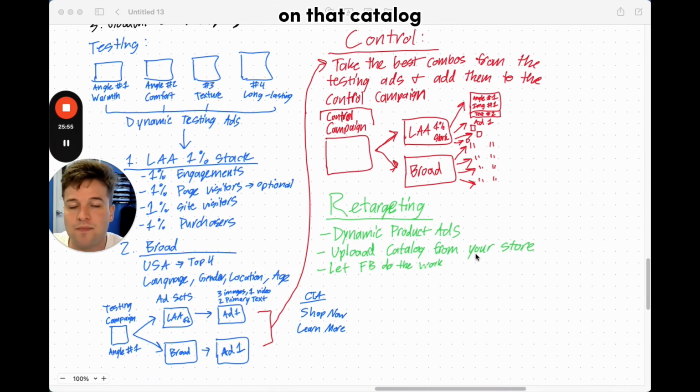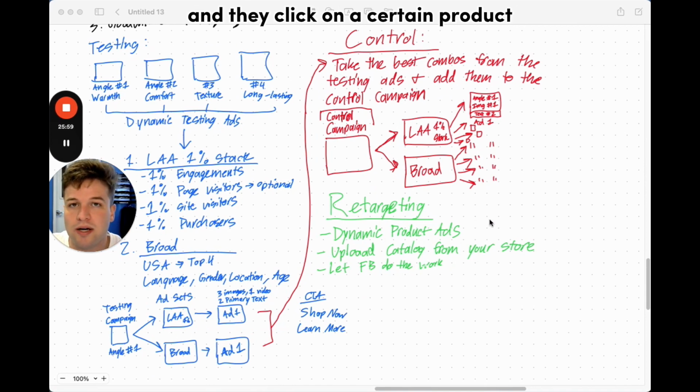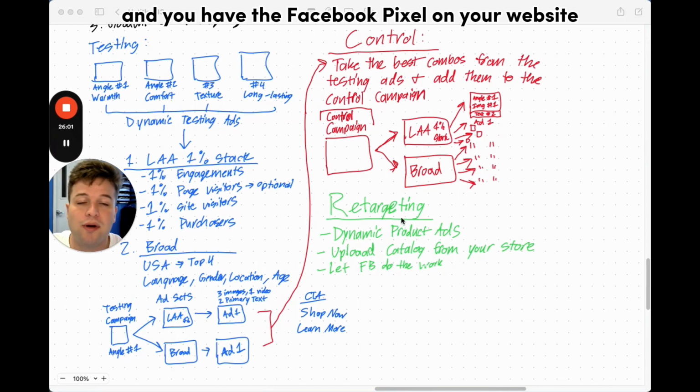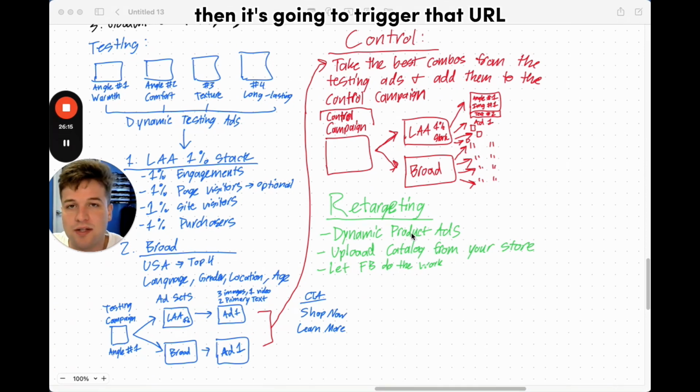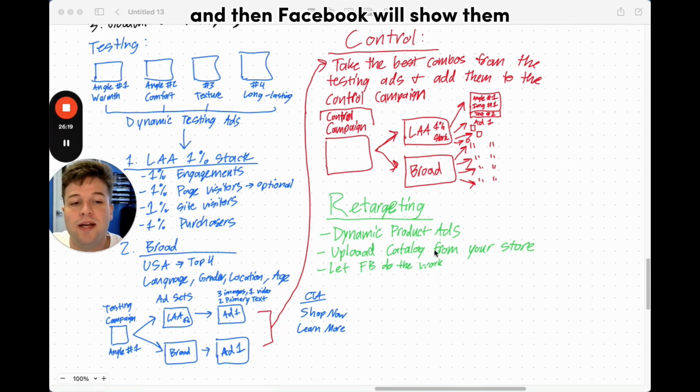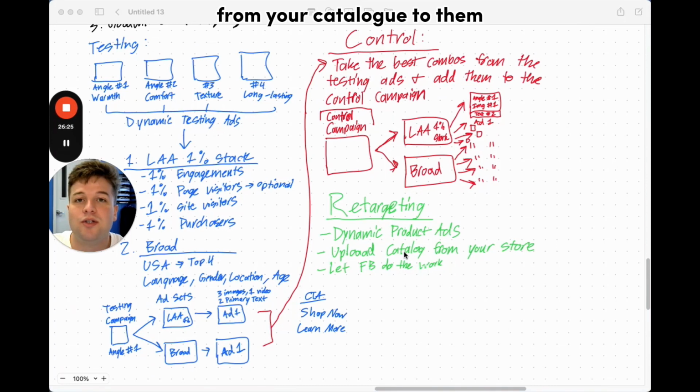And so when somebody goes to your site and they click on a certain product, and that URL is triggered, and you have the Facebook pixel on your website, which I'm assuming you do if you're watching this and you're running ads right now, then it's going to trigger that URL, and then Facebook will show them the exact product from your catalog using that same URL and just matching it, using the dynamic product ad.